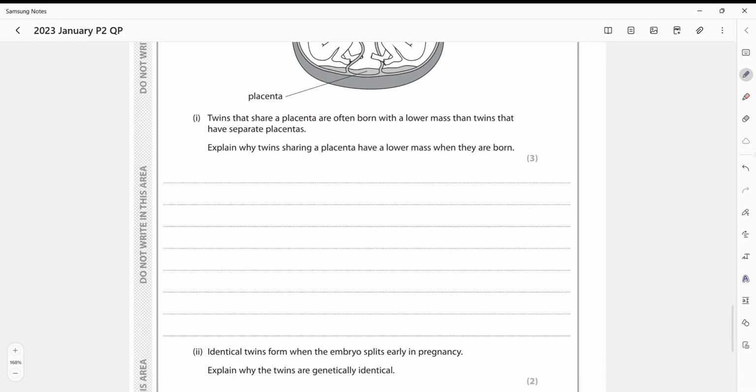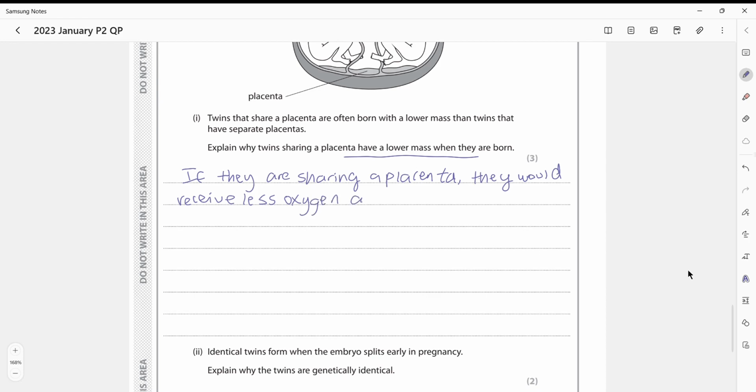So, why would they have a lower mass? If they are sharing a placenta, they would receive less oxygen and glucose from the mother.